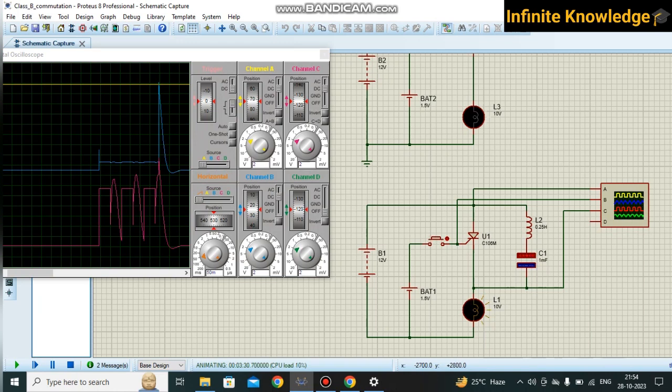But whenever your pulse is of very small duration, you get only one cycle, only one time, not three times.